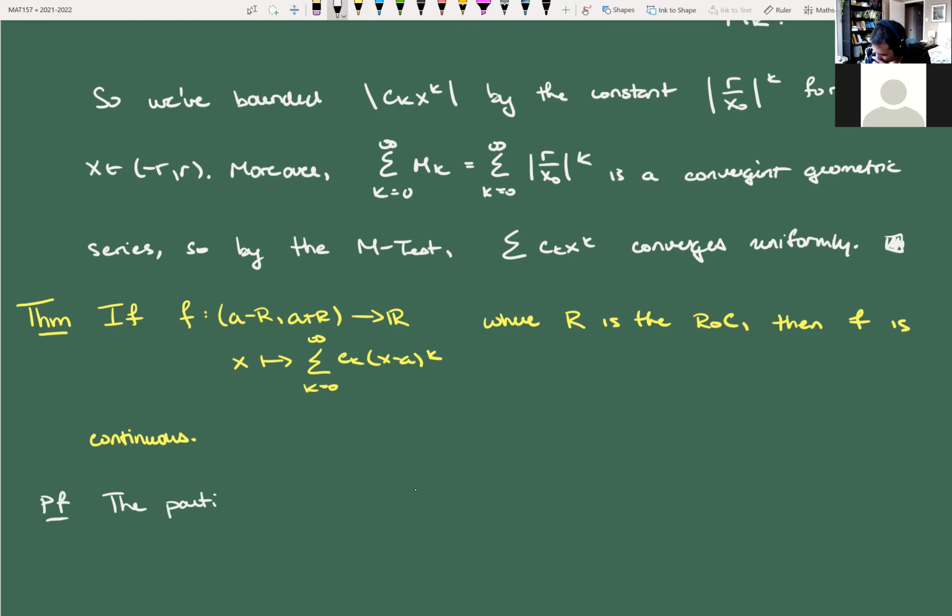You can literally do this for any point precisely because this is an open interval, so you can't choose its endpoints. If you give me any point in this interval, I can find a little r that encapsulates it, and therefore I have uniform convergence, and therefore my limit is continuous on the entire interval.